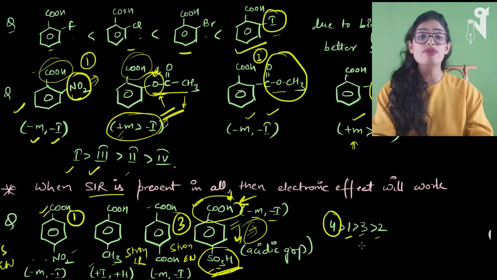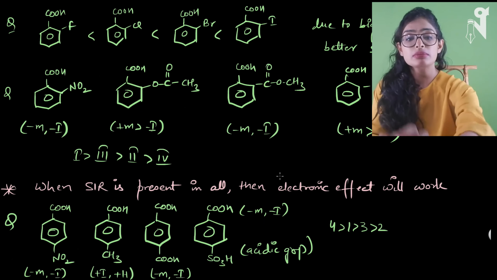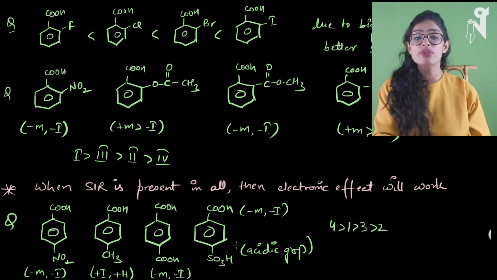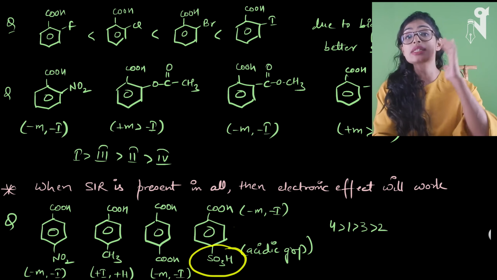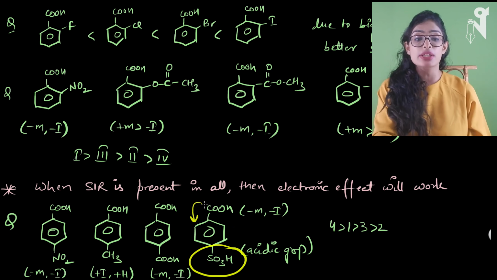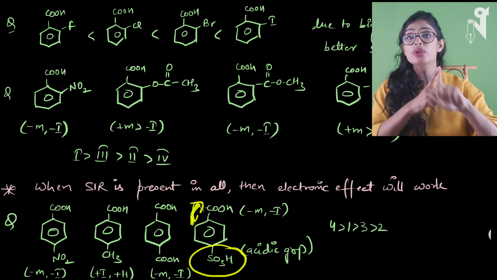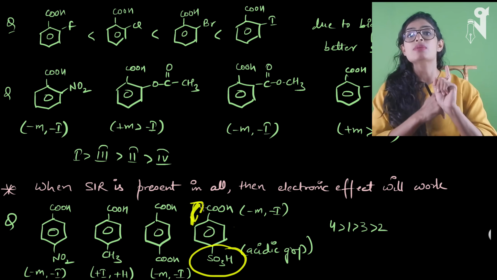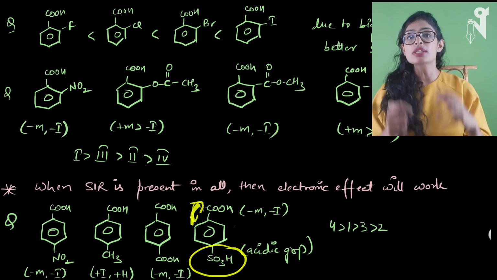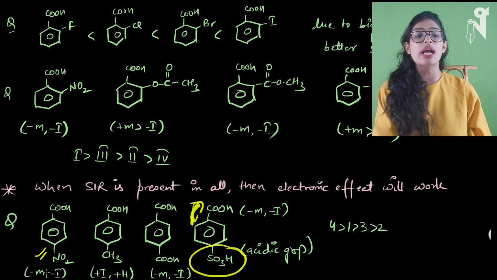Again, I'll explain why the fourth one is most acidic over here. Fourth one is most acidic because it has a very acidic group present, that is SO3H. It is highly acidic, much more acidic than COOH. It has a good electron withdrawing group present over here, that is COOH. So the presence of a very good electron withdrawing group with a very, very strong acidic group, that is SO3H, makes this molecule highly acidic. We cannot say that the NO2 compound should be more acidic.